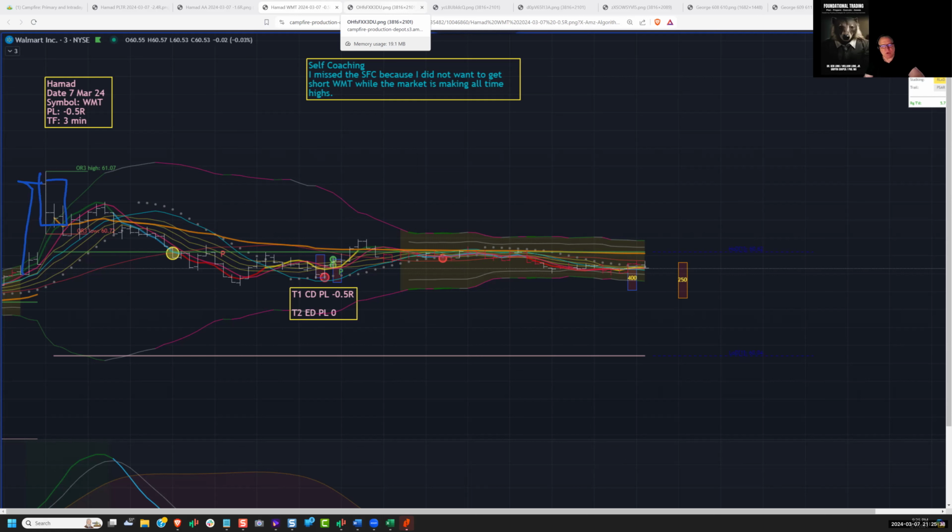So I can be short here with that as my risk box. And then you decide where you want to take the exit, here or here. There wasn't much, but there's something, maybe a half an hour.